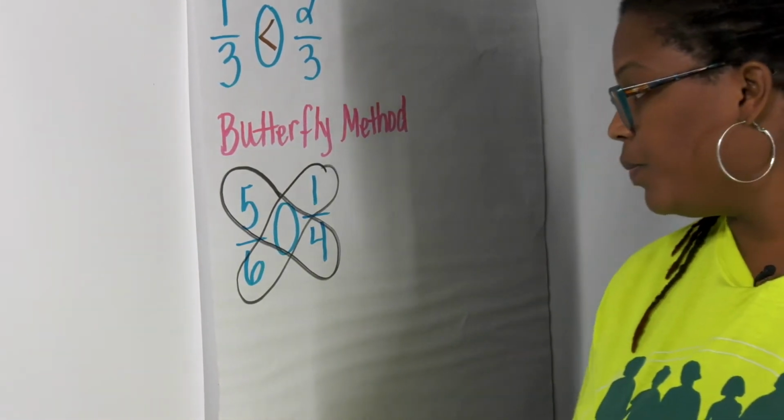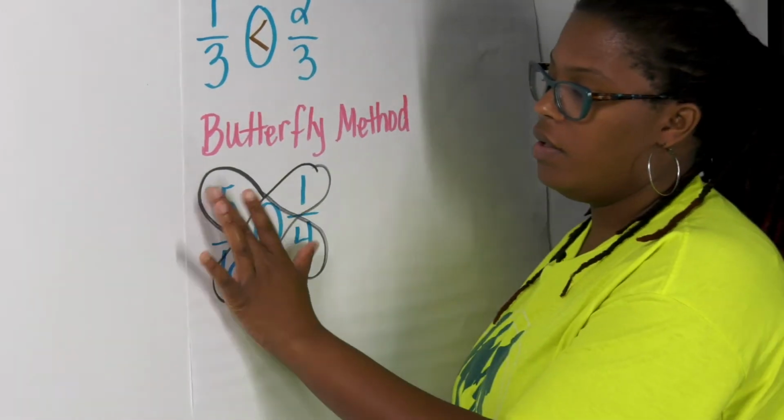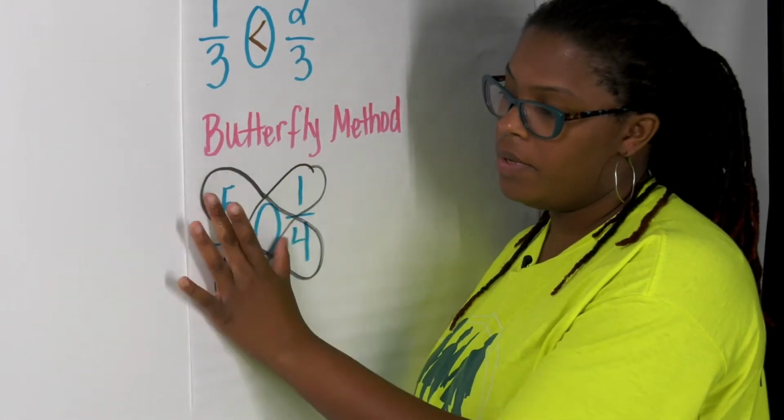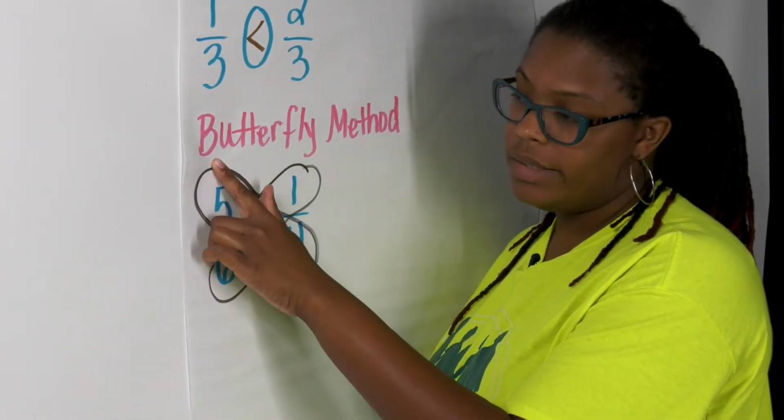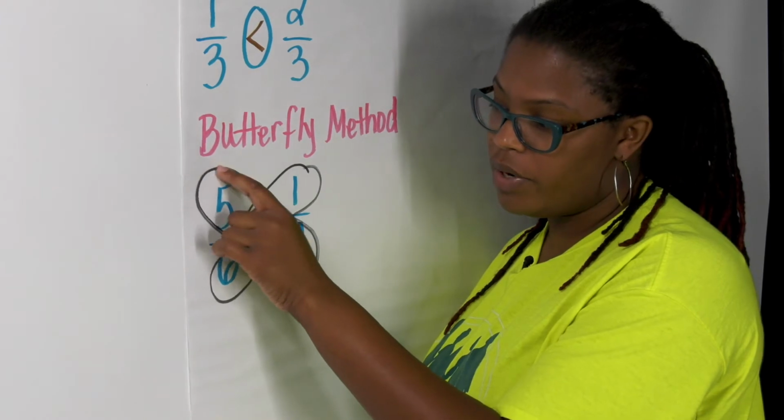Okay, so the wing at the top, look at the top, that's the number that goes on the left. That's our first number we're comparing.